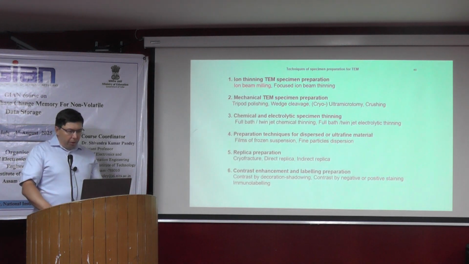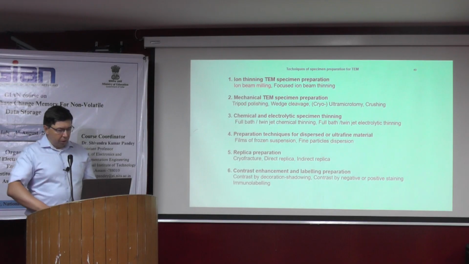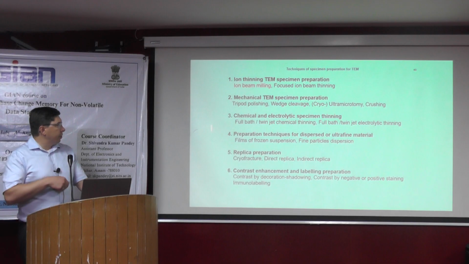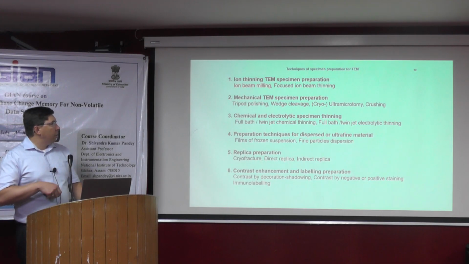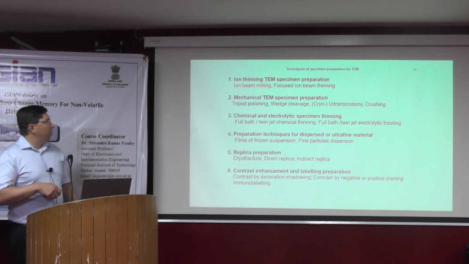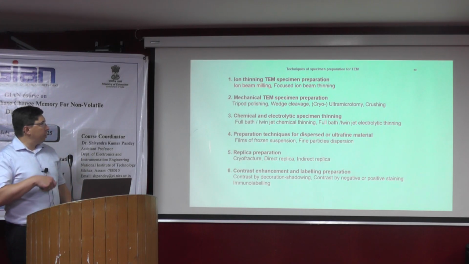So now there are different types of specimen preparation. They are listed here. Of course, I will not go through all of these, but there are about 6 groups. One is based on ion thinning, and then there is mechanical TEM specimen preparation.